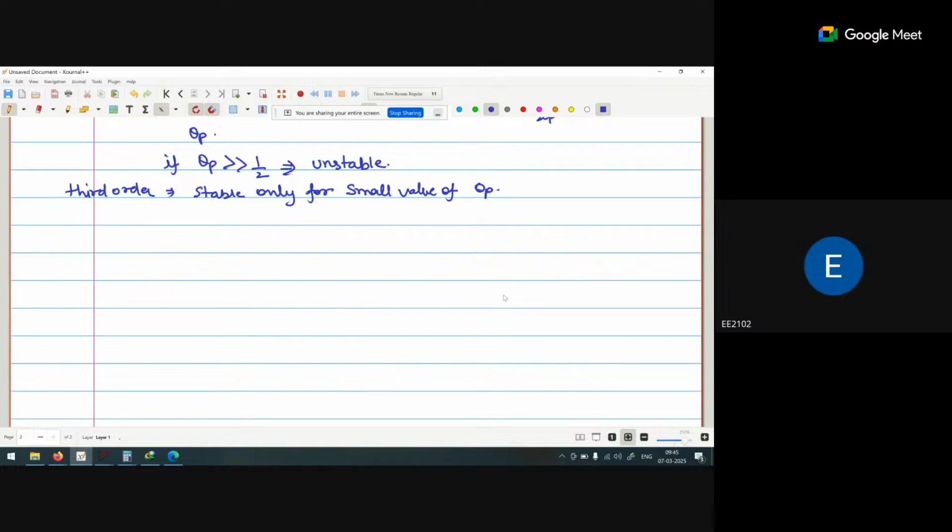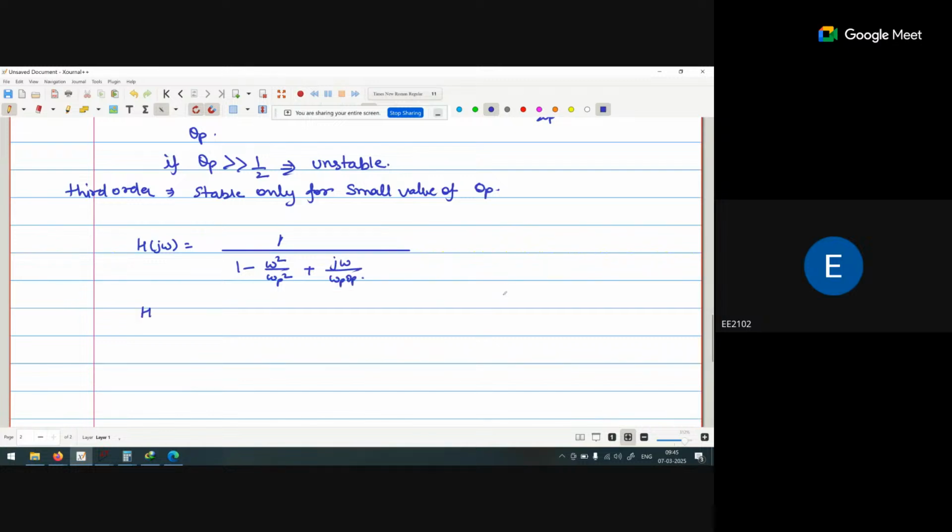Now if we calculate the response, H of j omega becomes 1 over 1 minus omega square upon omega p square plus j omega upon omega p cube.